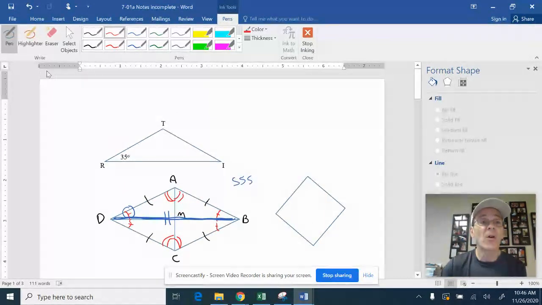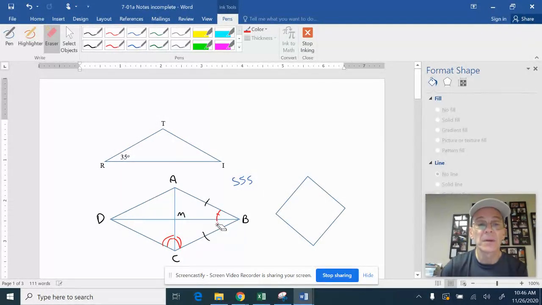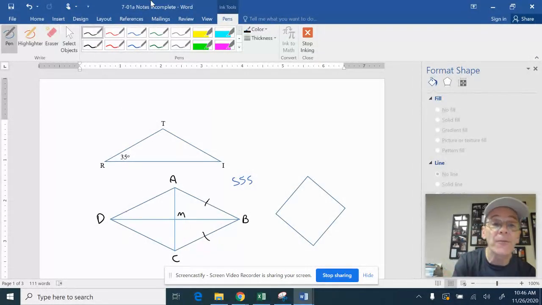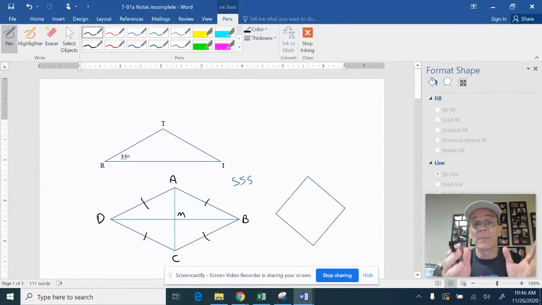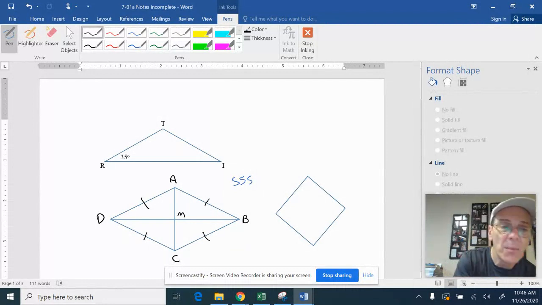Okay. And then there are other congruent things in this picture. And let me erase the marks there so they're not so distracting. But there are other congruent things in this picture. And again, we're starting off with the knowledge that the four sides are congruent. That's what makes it a rhombus in the first place. But here, this segment, doesn't that look congruent to that one?